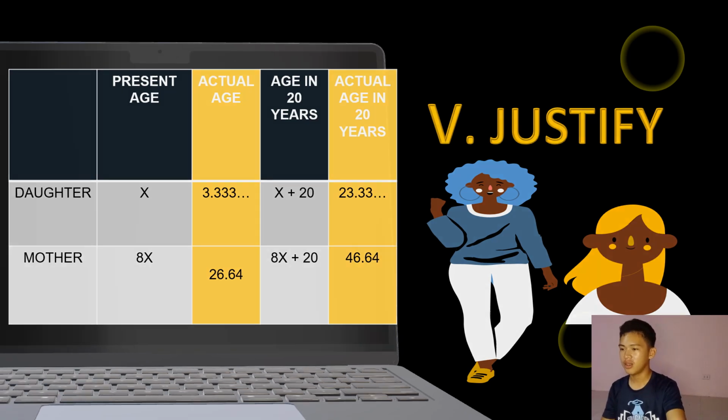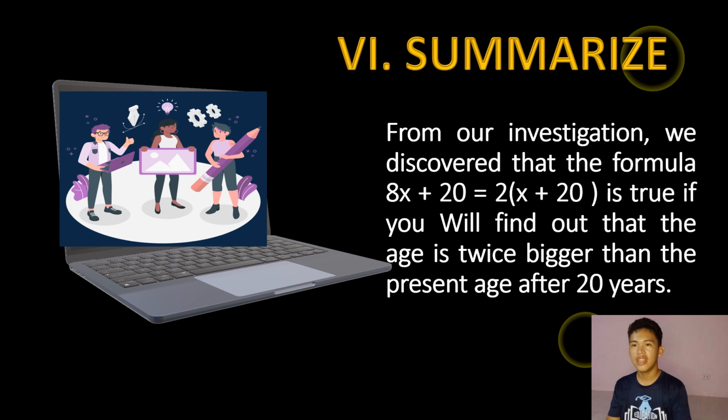The next step is to summarize. So from our investigation, we discovered that the formula that we use, 8x plus 20 is equal to 2 quantity x plus 20, is true, if you find out that the age is twice the present age after 20 years.